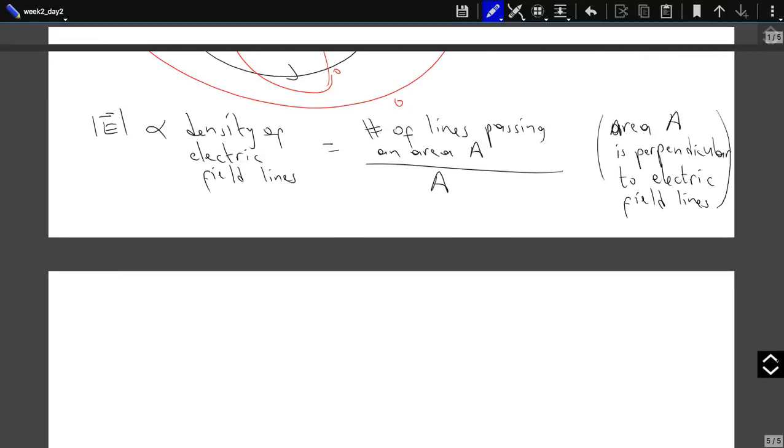Now, this already gives us an idea of how to count the number of lines passing an area. So the number of lines passing an area A is proportional to the electric field multiplied by the area.